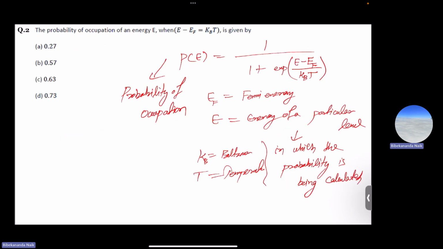So the correct option is option A, that is 0.27.